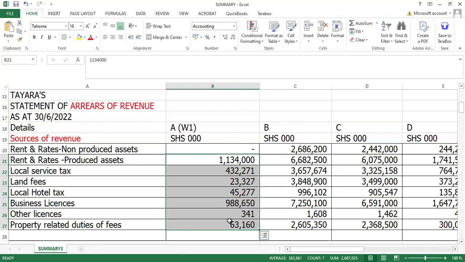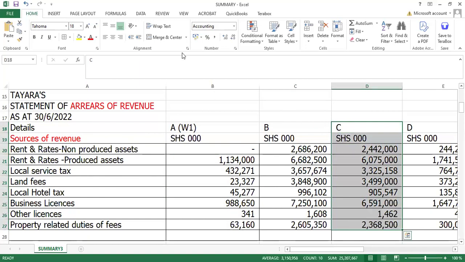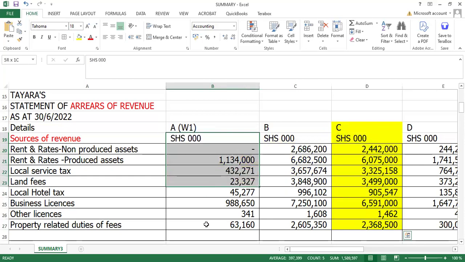But really this approach still works, because what you are collecting can be part of what you had at the start of the year and what you invoiced during the year. So it shouldn't confuse you.